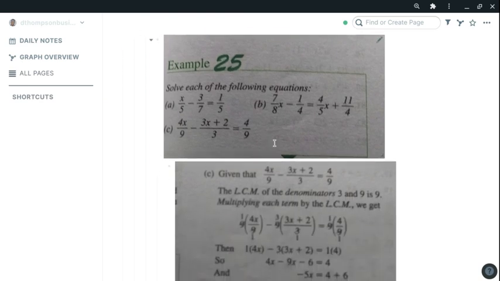So let's go through the final task in equations, which is working with fractions. Write this question down for me.